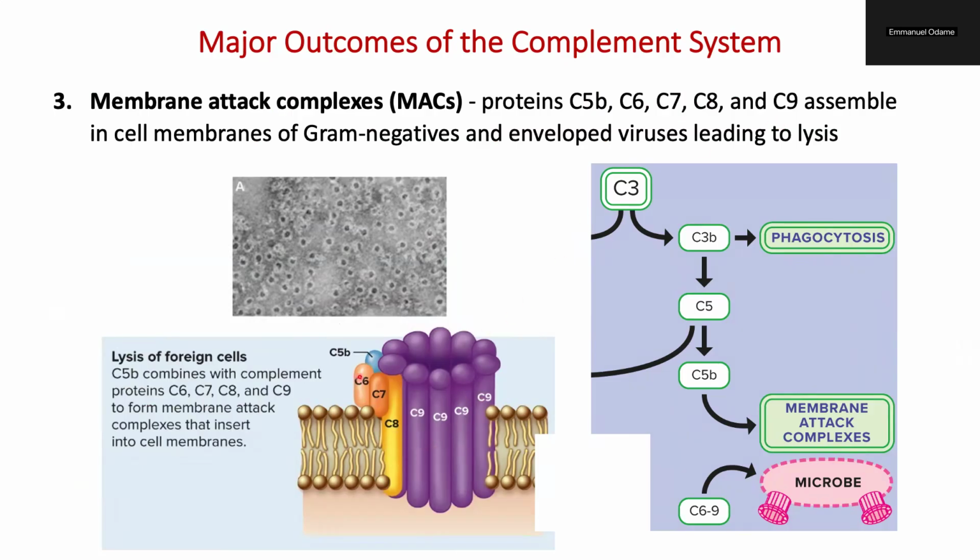They assemble on the cell membrane of gram-negative bacteria, or also on the envelopes of the viruses, leading to lysis. So they assemble there and cut the cell membrane into pieces and just slice it all out.